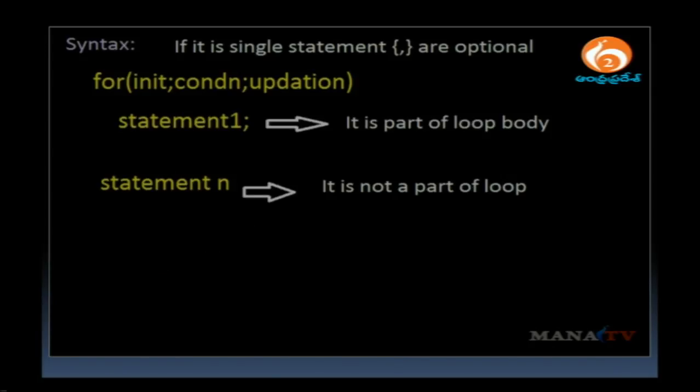If there are no braces, it indicates that the for loop contains only one statement. Though you are writing so many statements, if there are no braces, it takes only one statement as a part of this loop.